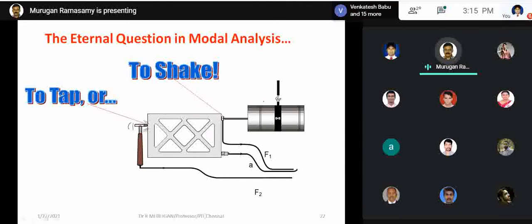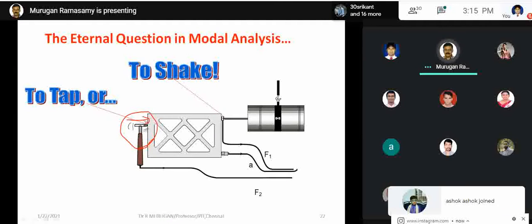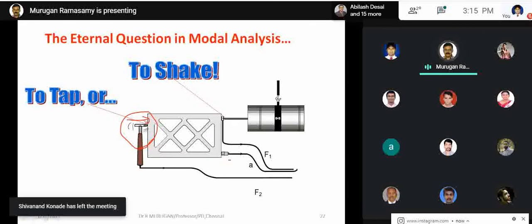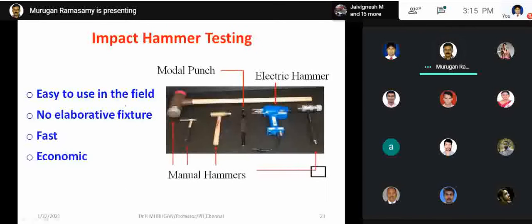Either we can do the modal testing by hitting the structure with a hammer, and get the mode shapes and the natural frequency by using the proper sensor arrangement, or otherwise we have to give excitation through an electrodynamic shaker. So here we followed the impact hammer testing method because it is easy and economic.